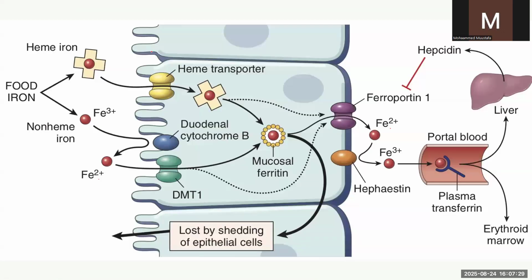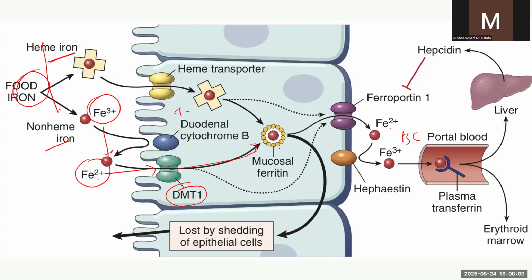Next, you can see in the diagram the same thing further. Here is the lumen, this is the tissue, and here is the blood circulation. We take iron from food, which is available as heme iron as well as non-heme iron. Ultimately Fe3+ gets converted into Fe2+, as we have seen in the diagram. This Fe2+ is influxed with DMT, the divalent metal transporter. Then it enters, forming mucosal ferritin.